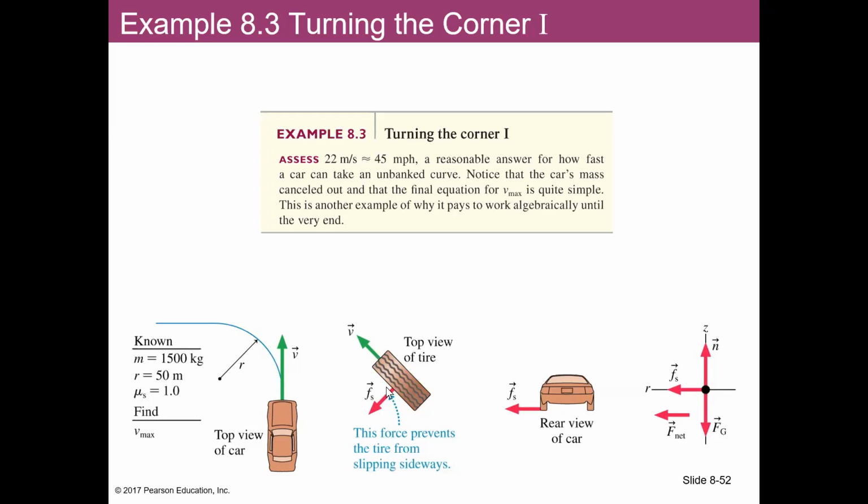It's not moving perpendicular to the motion, and so that's the direction of static friction. We're not slipping perpendicular or otherwise. And so, yeah, we found an estimate for how fast we can take the corner without slipping.